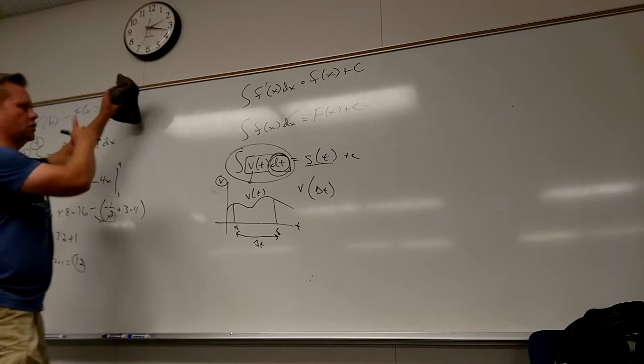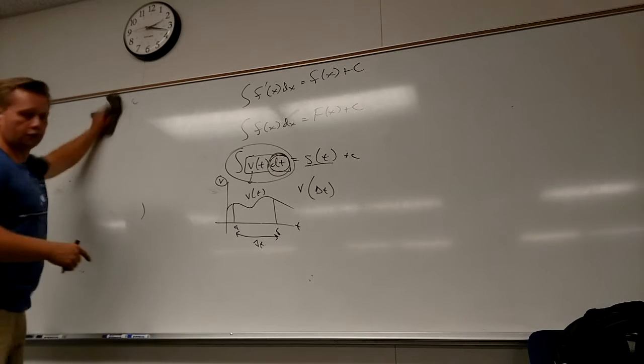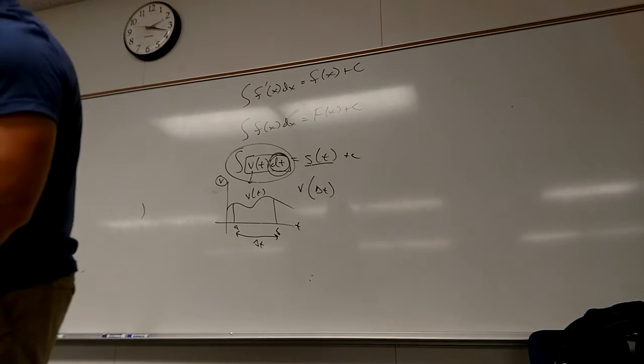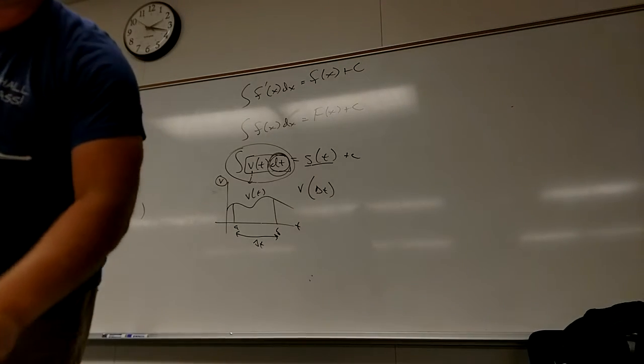Okay, so let's do another concrete example, like this one. Let's do one with some yummy trig in there. What section is this? This is 5.3. Should be 5.3.